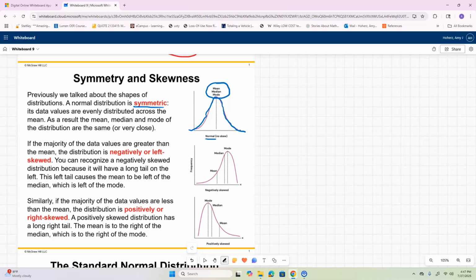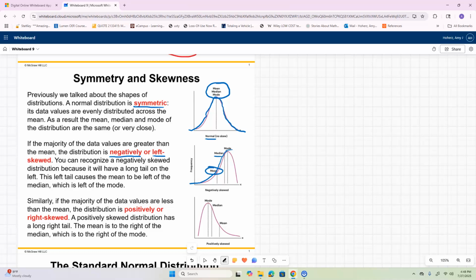If the majority of the data values are greater than the mean, then we say the distribution is either negatively or left skewed. So in this case, because we have data that is tailing off to the left, remember we're always looking at the tail when we're talking about skewedness, then that data tailing off to the left is going to pull down the mean away from the median and the mode.